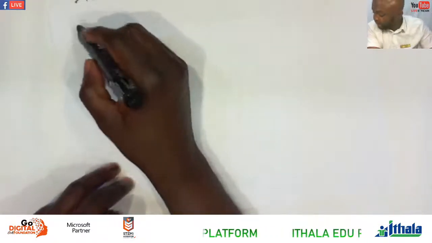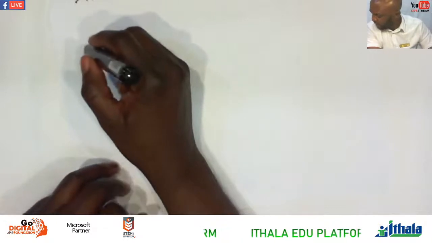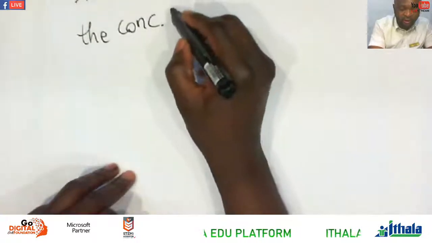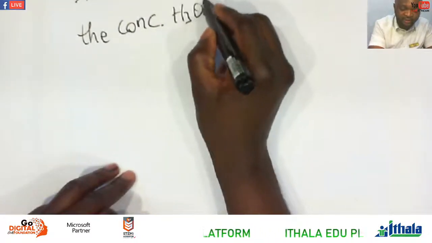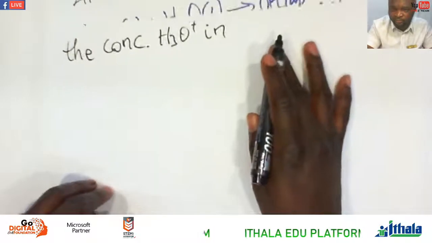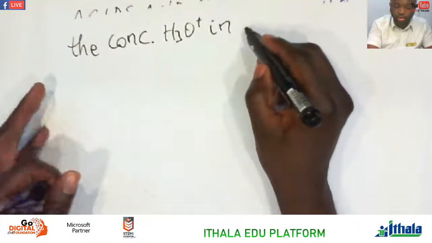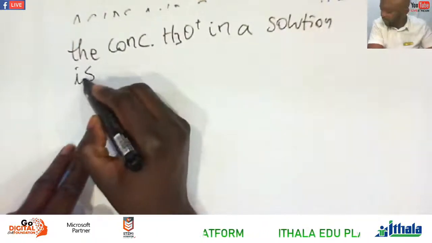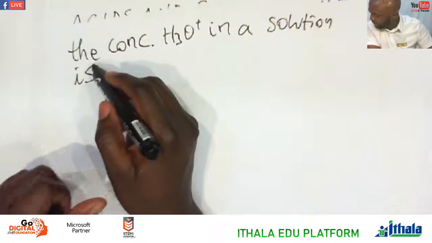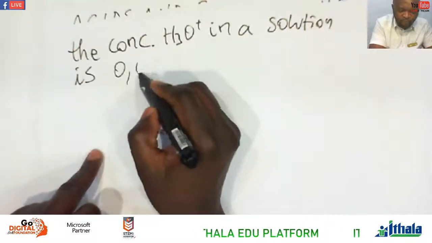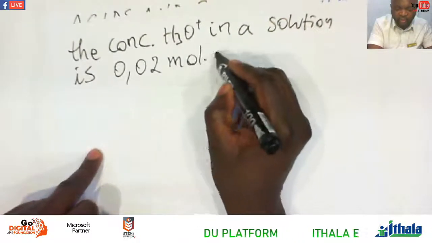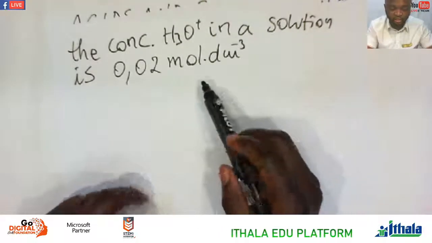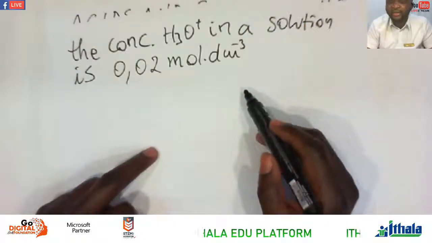Let's say the concentration of H3O plus in a solution is, let's say, 0.02 mole per decimeter cube. So the concentration of H3O plus in a solution is 0.02 mole per decimeter cube.